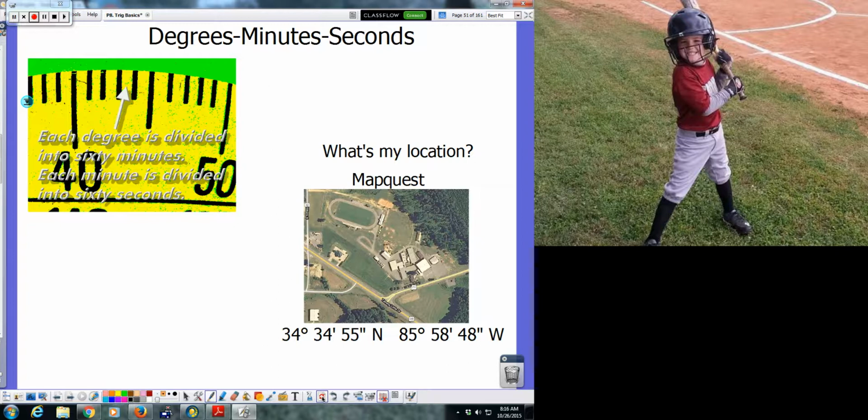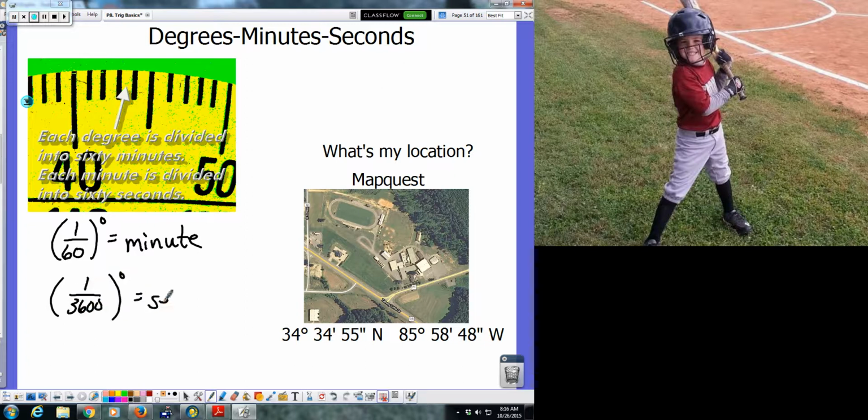So 1/60th of a degree is equal to a minute, and since 1/60th of a minute is a second, 1/3600th of a degree is a second. So there are 60 minutes in one degree, and because there are 60 60s, there are 3,600 seconds in a single degree.